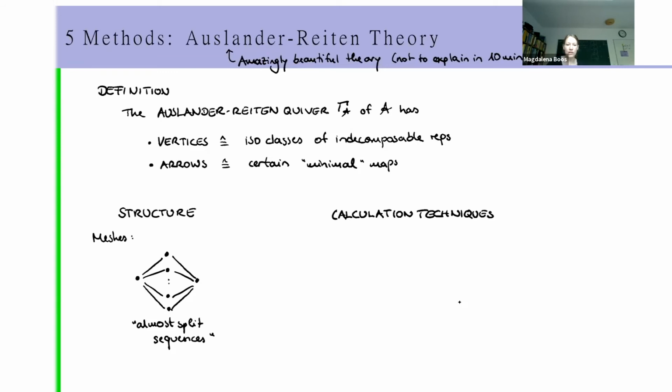So one of these calculation techniques is the knitting algorithm. You see these meshes, and so you think of knitting. You knit from mesh to mesh as if you were knitting a pullover.